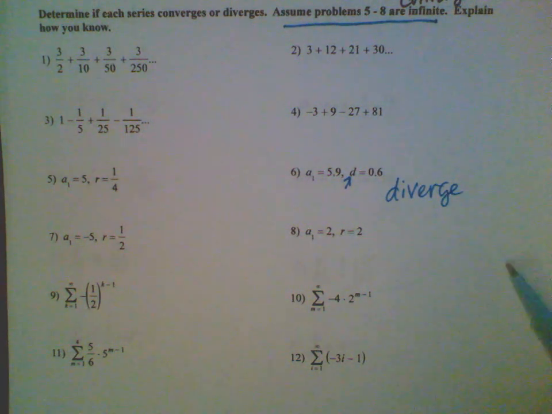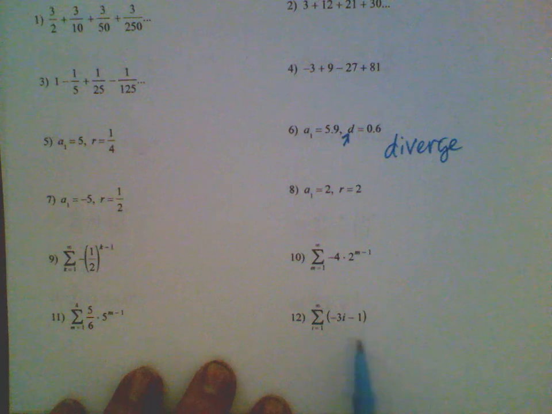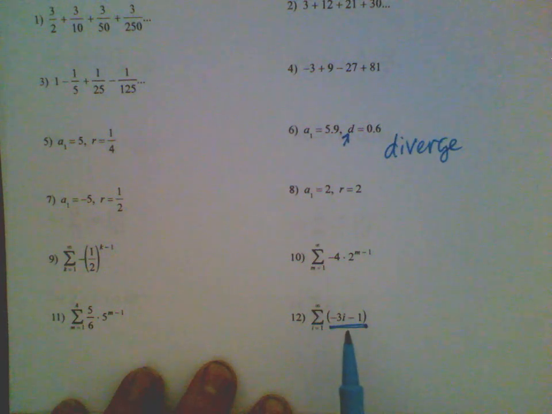Another one that stands out to me is problem number 12, for the same reason. See this form here? That is more like an arithmetic explicit form, where you have a sub 0 plus dn, or dn plus a sub 0, however you write it.